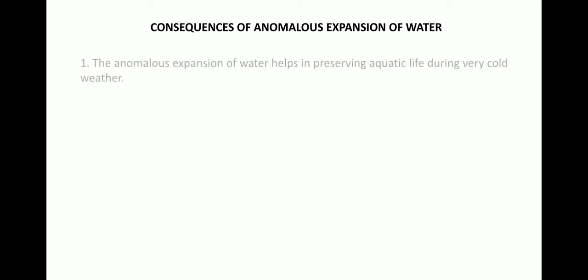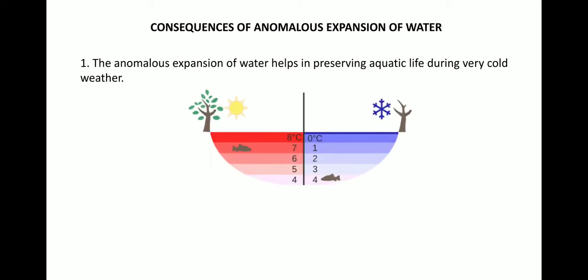The consequences of anomalous expansion of water. So the first consequence of this behavior is that it helps in preserving aquatic life during very cold weather. So look at the picture over there.